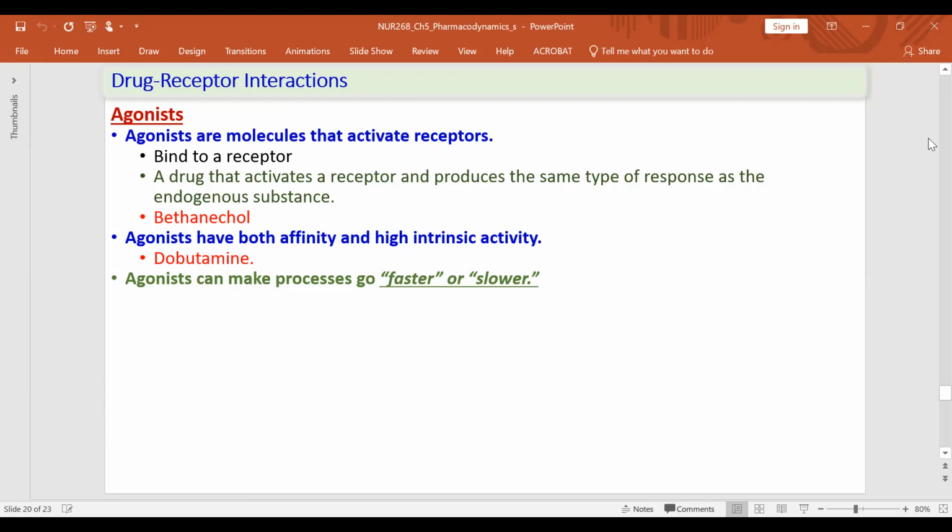Dobutamine mimics the norepinephrine at cardiac receptors. So norepinephrine is an intrinsic endogenous chemical, and the synthetic drug dobutamine mimics that norepinephrine at the same receptors, the cardiac receptors.